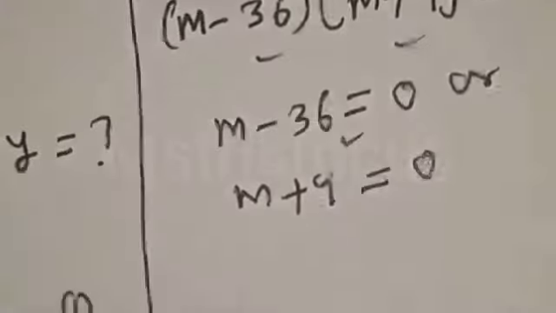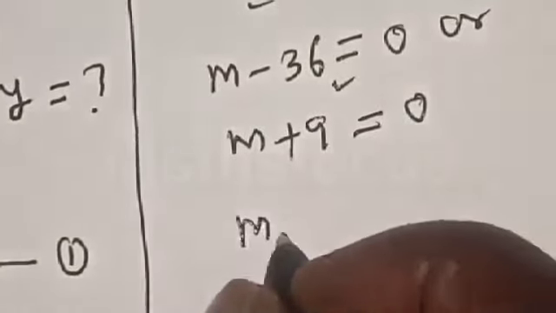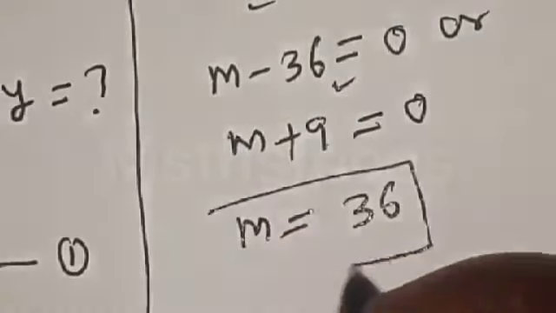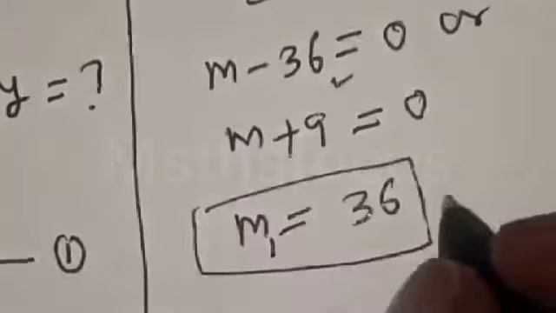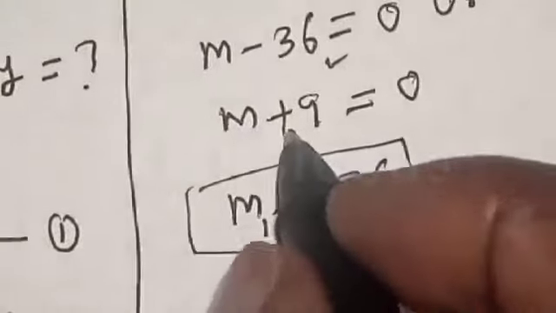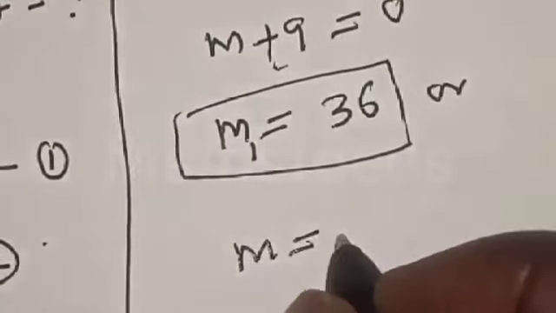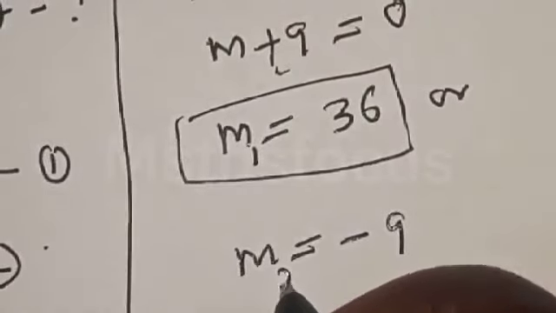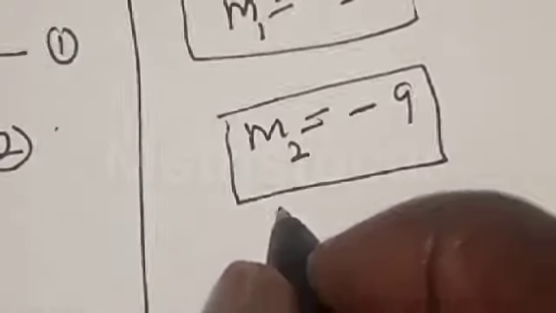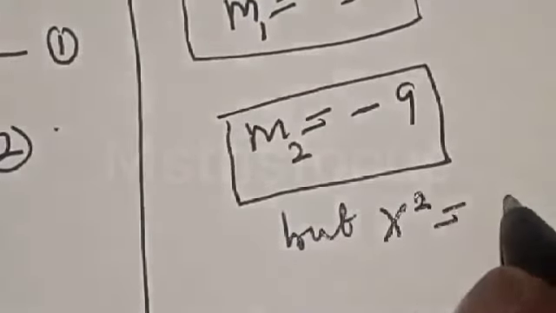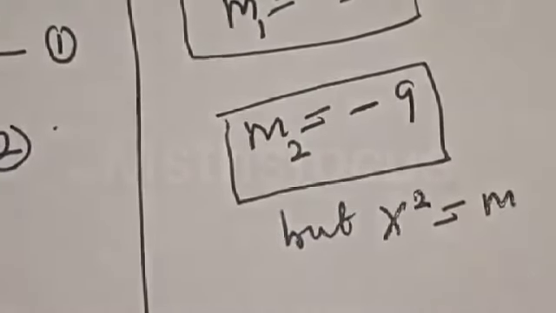Now from here, m is equal to 36, let's call this m1. Or from here, m is equal to minus 9, let's call this m2. But x squared is equal to m.